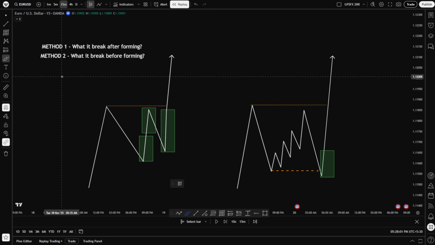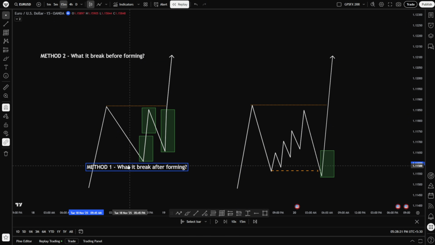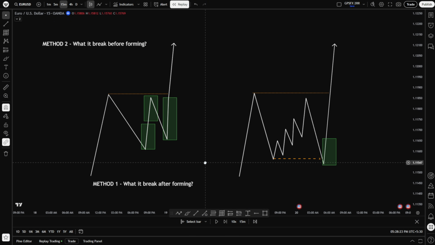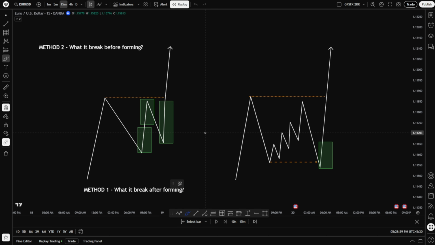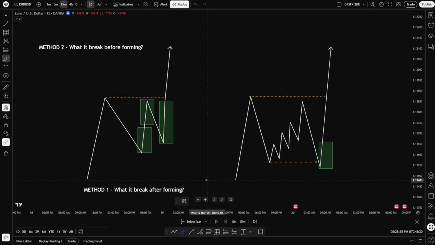It does not work. All right, that being said, the first method is you should ask the question, what does the order block break once it forms? So there is nothing to complicate in this question. All you have to do is look at what the order block breaks.